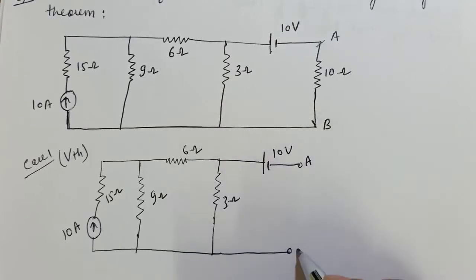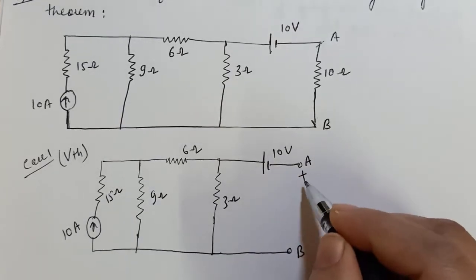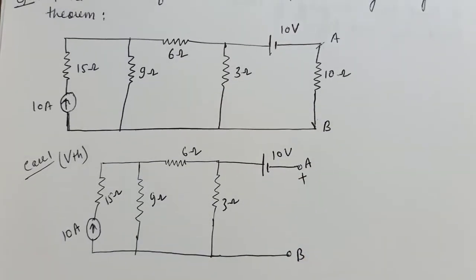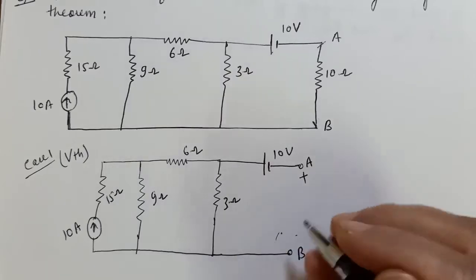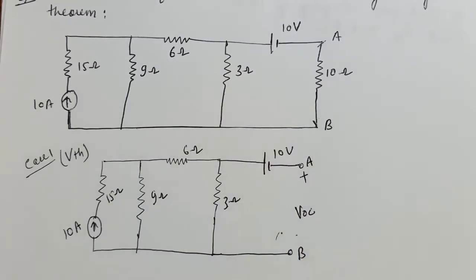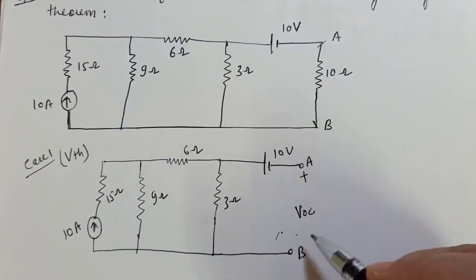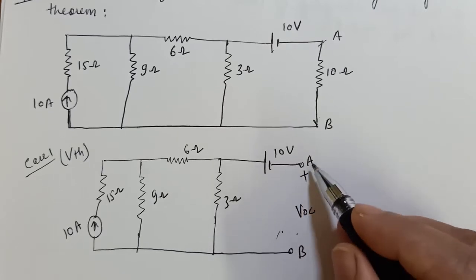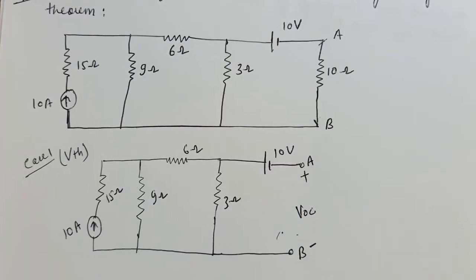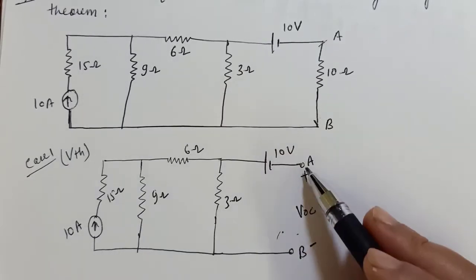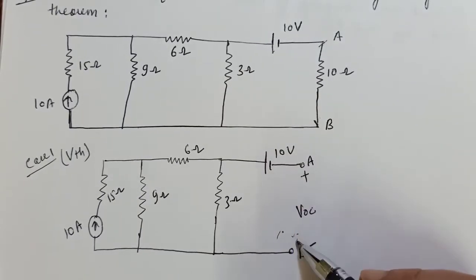This is the A terminal, and let's say this is the B terminal. For finding V Thevenin, disconnect the load resistance and find the open circuit voltage across the load terminal. That will be your V Thevenin, so VOC. Here polarity is not given, so by default you can take A as positive polarity and B as negative polarity. Clear?